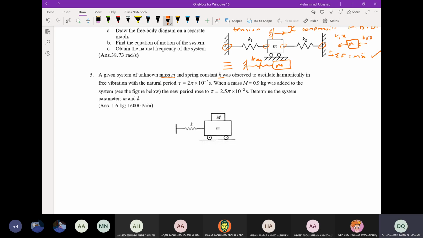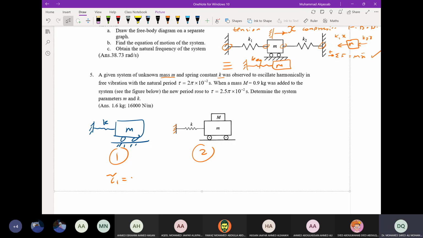What you see here is system number 2, when the mass equal to 0.9 was added. But system 1 was the spring and the mass. Okay, this is the first system, with tau 1 equal to 2 pi times 10 to the power minus 2 seconds.